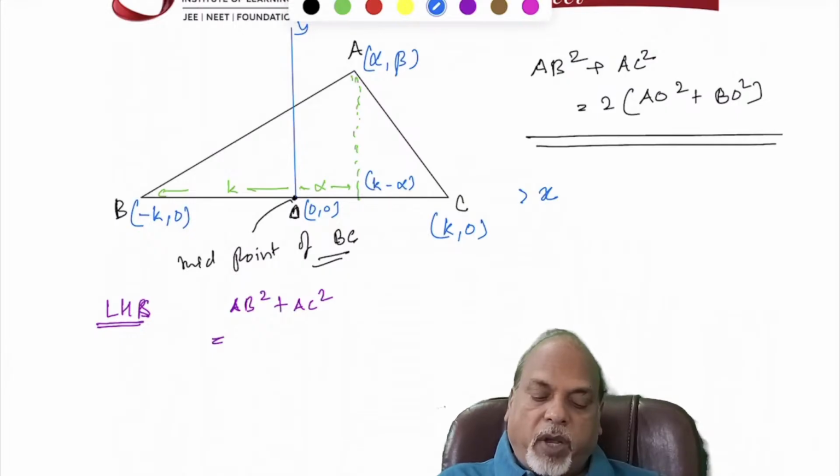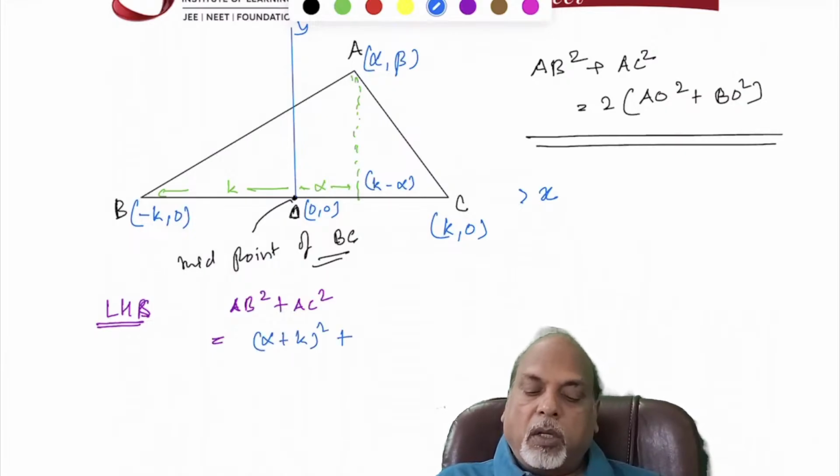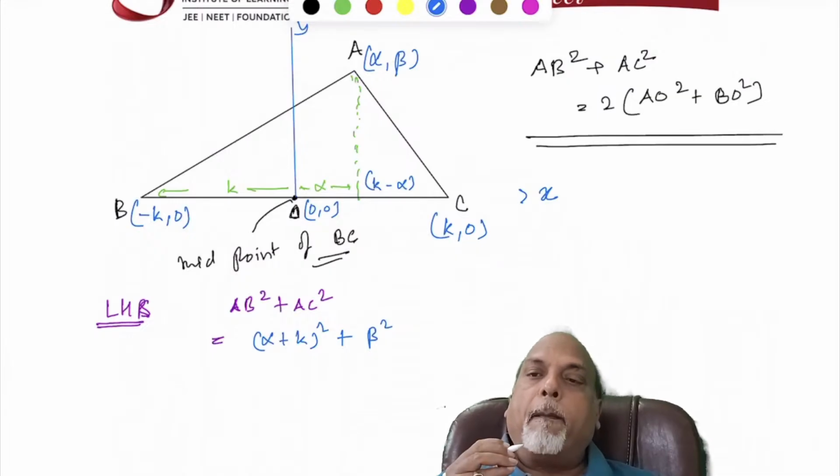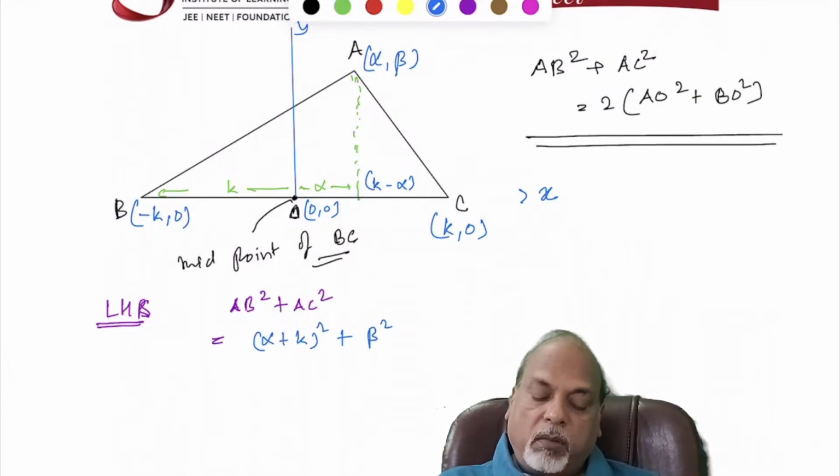So AB square is nothing but alpha plus K square plus beta square.